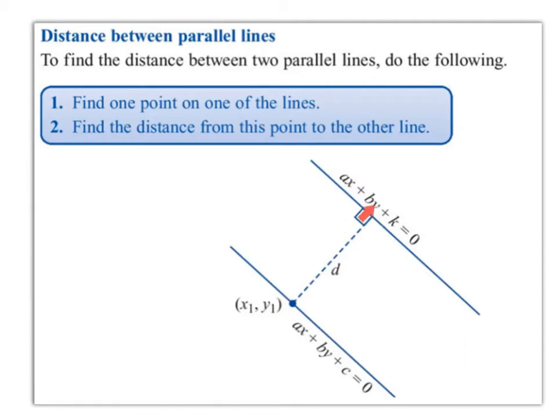So we want to come up with the distance between these two parallel lines. So notice that whatever is stuck on in front of the x is the same, and whatever is stuck on in front of the y is the same, but our constant is different. This is how we know that the lines are parallel. So remember, parallel lines have the same slope.